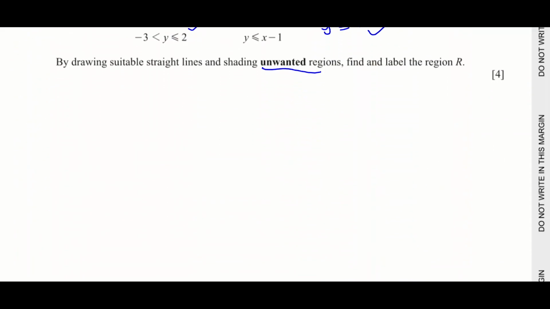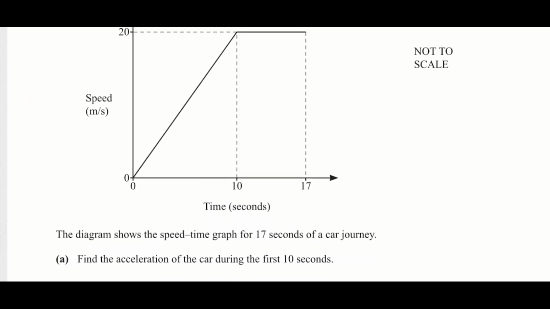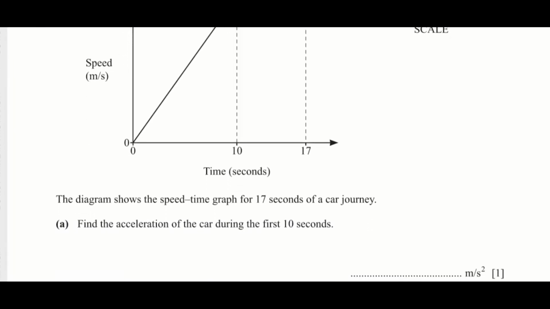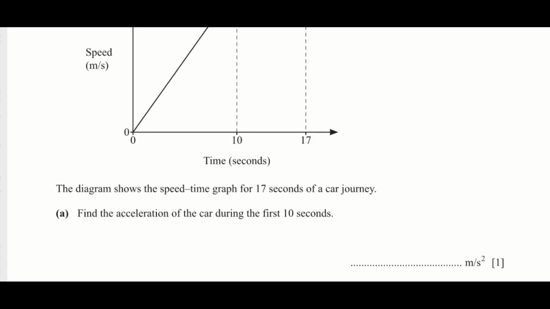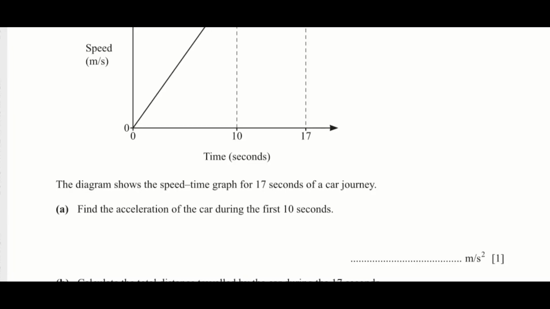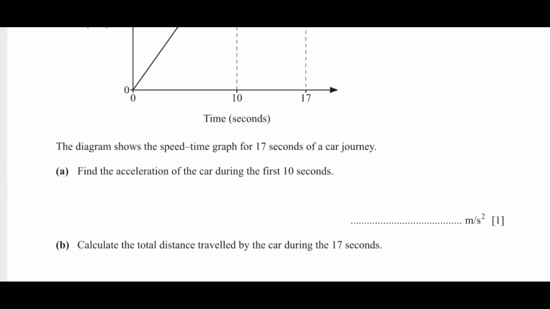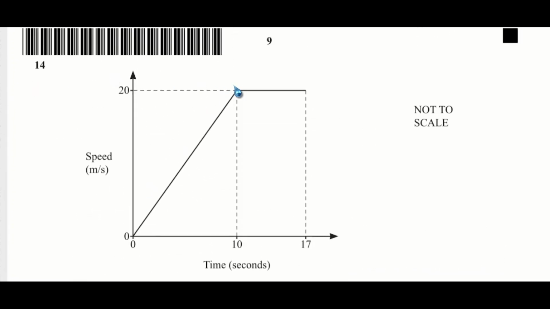That will be question 14. Okay, question 14. You have this speed time graph. The diagram shows the speed time graph for 17 seconds of a car journey. Find the acceleration of the car during the first 10 seconds. So the acceleration is from here to here.